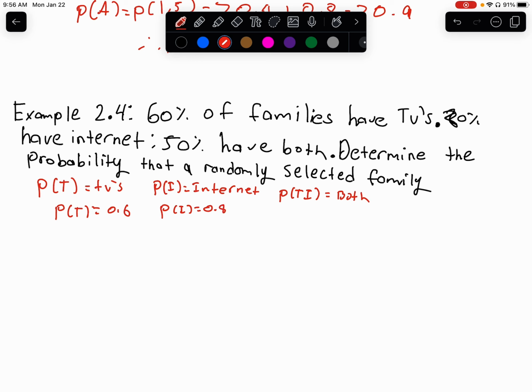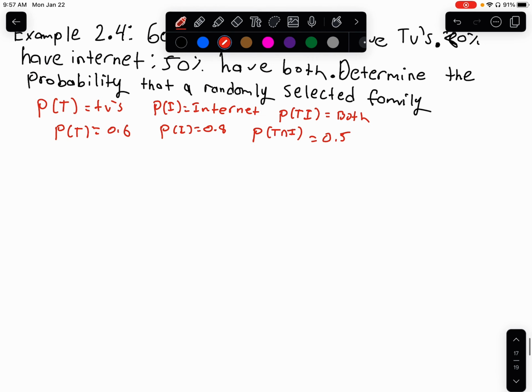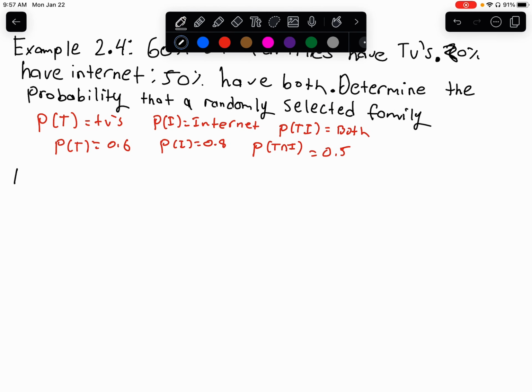Now here's the tough part. We have to find P(T intersecting I), which is 0.5. It's given in this question. Usually we'll find it, I'll explain it later. Our first part: we have to find if it has TV or internet, so one or the other.